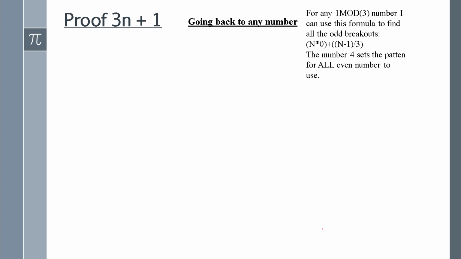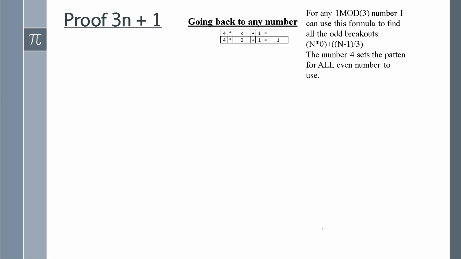So for any 1 mod 3, I can use the formula to find all the odd breakouts. And our first one, number 4, sets the pattern for all of these numbers to use to make the breakouts. So 4 times x plus 1 equals, right?